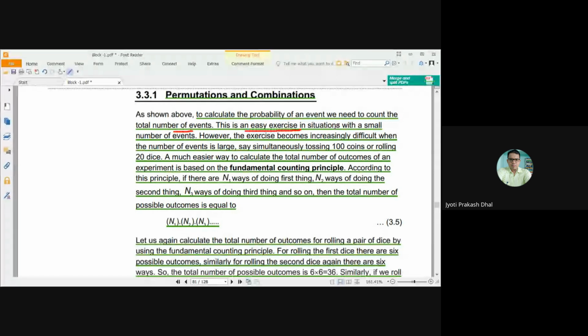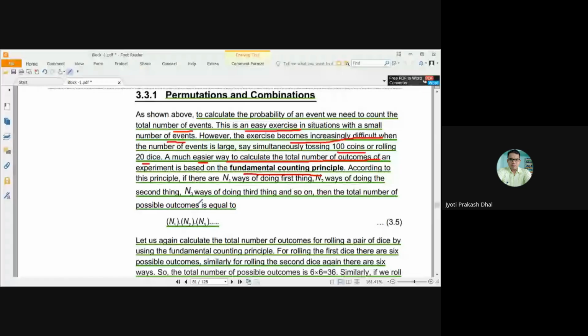If a small number of events are there, we can easily count and calculate the probability of an event. However, the exercise becomes increasingly difficult when the number of events is large. It is very difficult to count and calculate the probability of a particular event. For example, if you simultaneously toss 100 coins or roll 20 dice, it will be difficult to count the probabilities in practice.